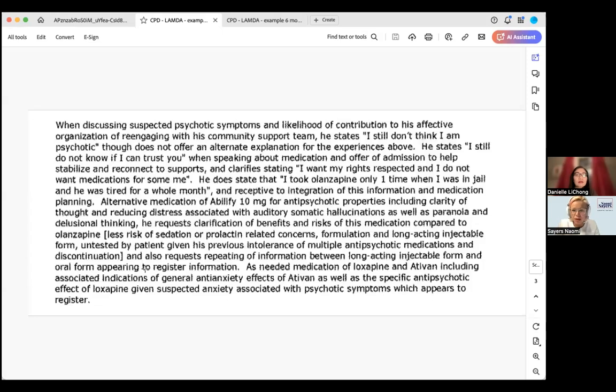Okay. I know this is kind of blurry, but you can see he talks about the symptoms, and he doesn't offer any alternative explanation. He's quoted verbatim. He also talks about medication and offers of admission: if you're not going to stay here involuntarily, will you stay here voluntarily? He talks about medication that he did take, but that medication wasn't the only medication.